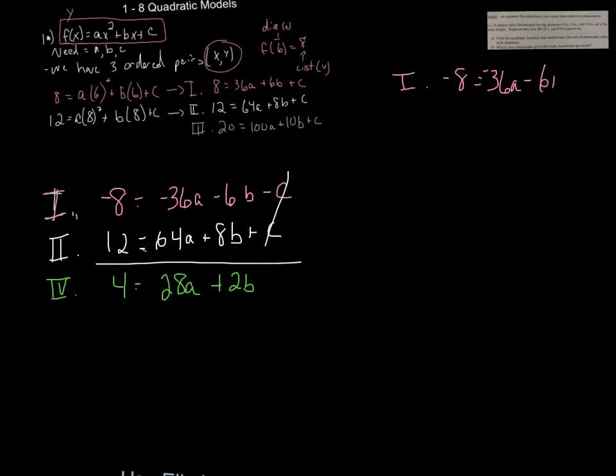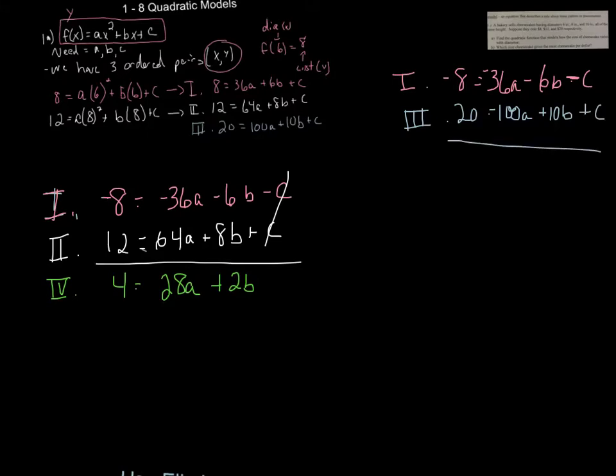Minus 6b minus c. I'm now going to put it with equation number 3, because I've already used 1 and 2, so now I need to use 1 and 3. Equation 3 said 20 equals 100a plus 10b plus c.